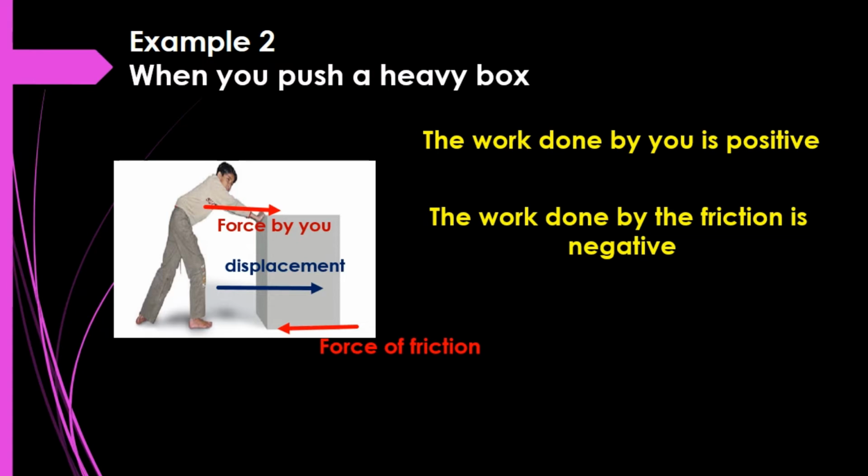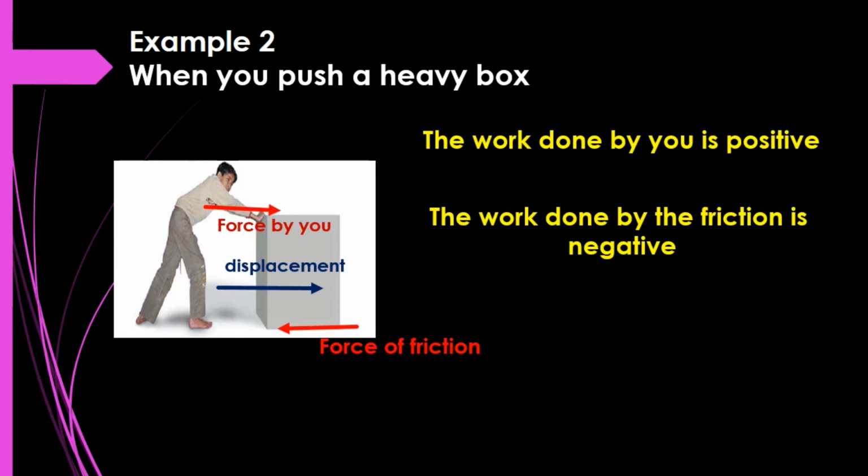Is there any other force acting on the box? Yes, you know that gravity is also acting on that box. Can you find out the work done by gravity? Gravitational force is acting downwards and the displacement of the box is horizontal.